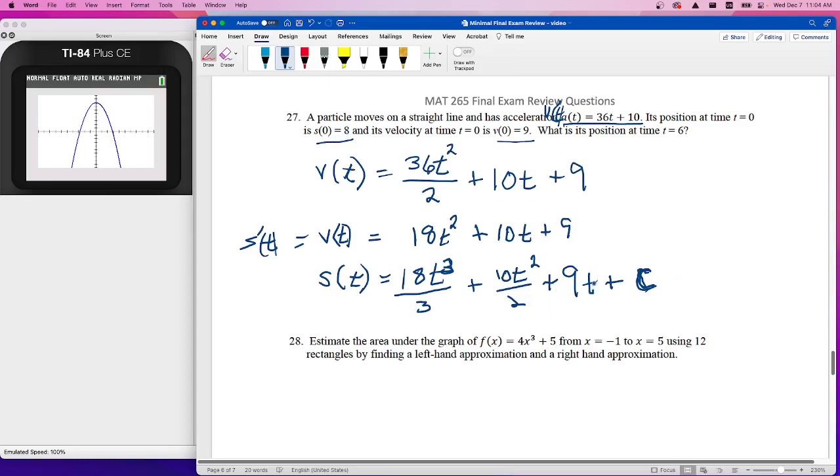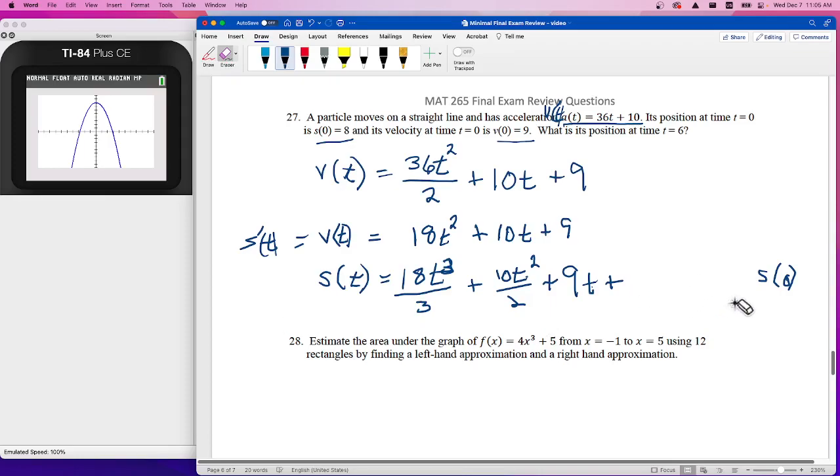So if you put in 0 for t, just like last time, we get 0, 0, 0, so c has to be 8. We see that same sort of thing happening because we have a polynomial.